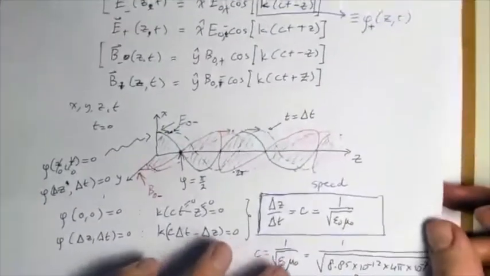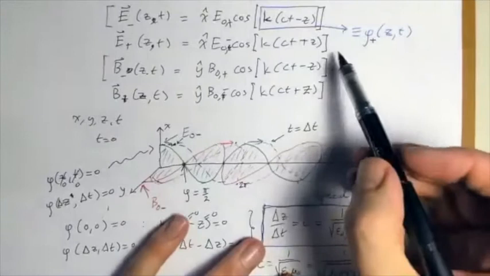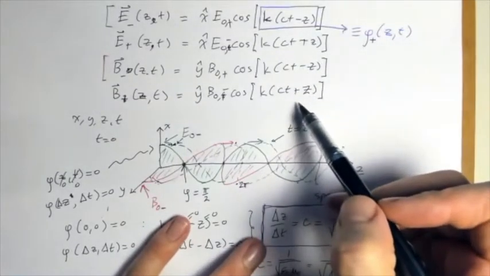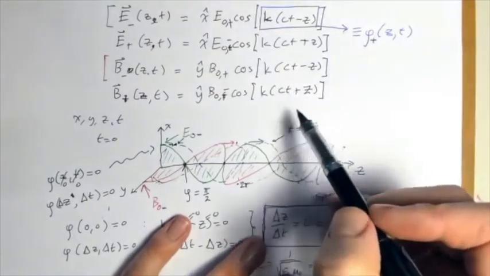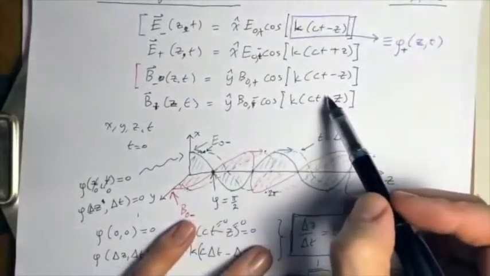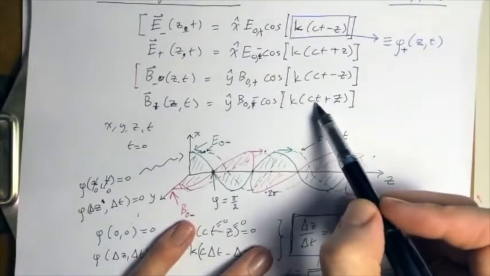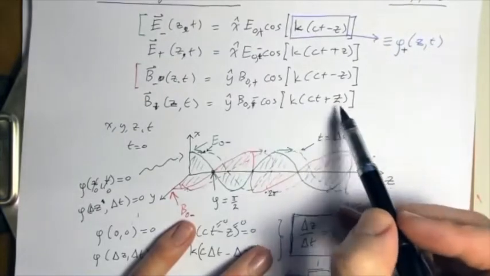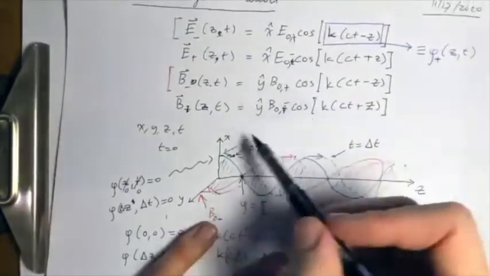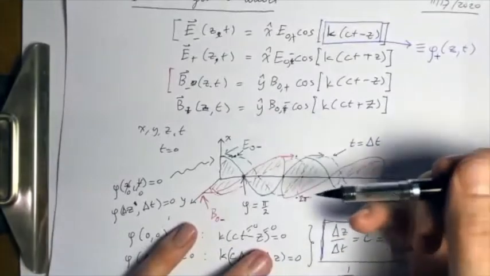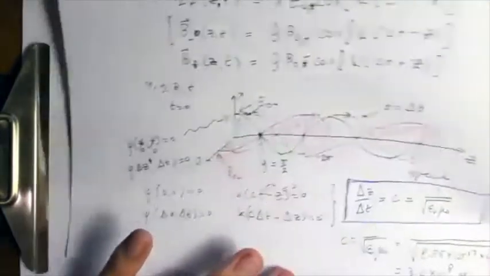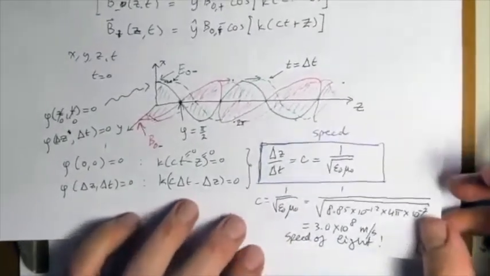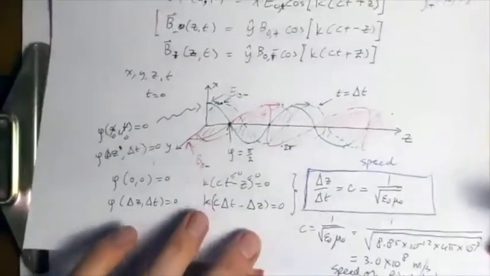And the same thing happens when we track a phase using the expression with a plus sign. That means that if time goes up and we want to keep the phase constant, then z must be going down. So now we're talking about a solution for the wave that's moving in this direction. So that's the issue of the sign of that phase.